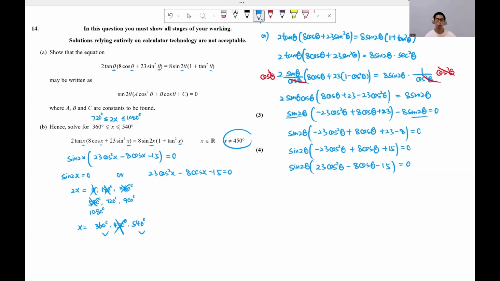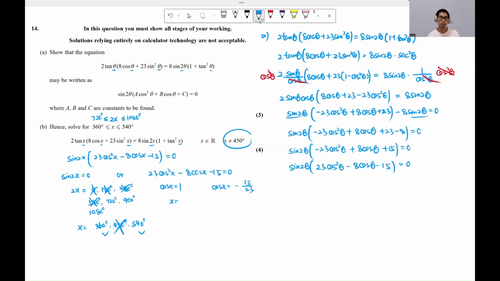Now we solve the second one. Put into the calculator 23, -8, and -15. So cos x equals 1 or cos x equals -15 over 23.